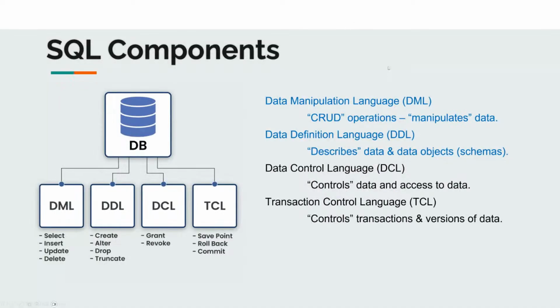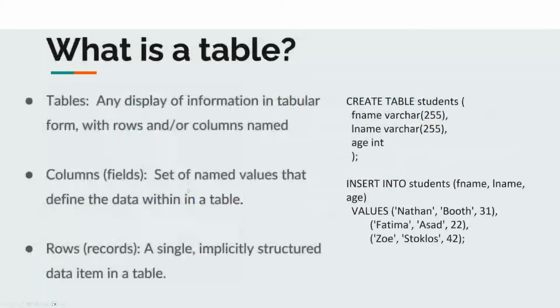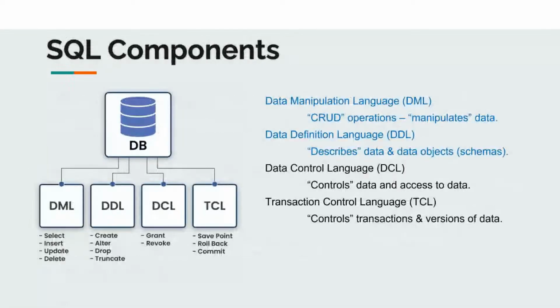So you'll see DML, DDL, DCL, and TCL. For the purpose of this class, we're really going to focus on these first two. The second two are more of what you would learn about in the data engineering classes I teach. These are pretty advanced. May cover them at the end of class. But these are more like database administration things.